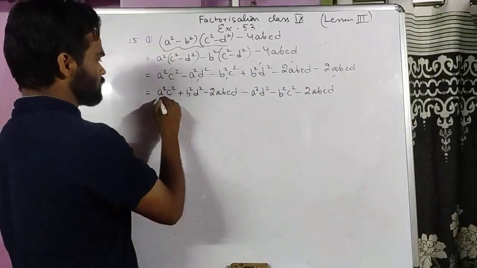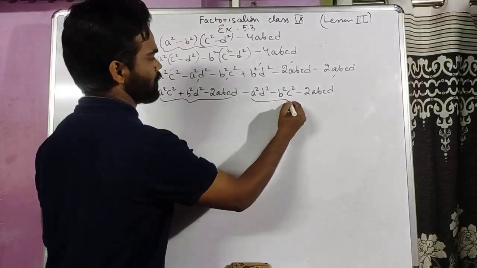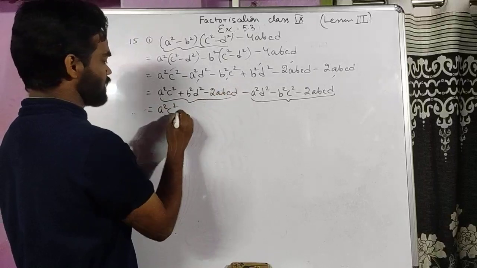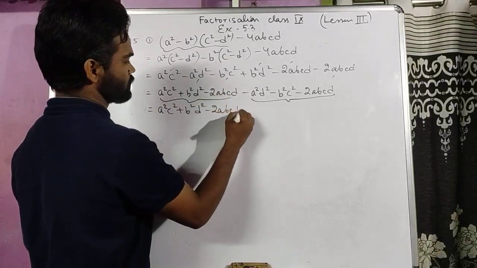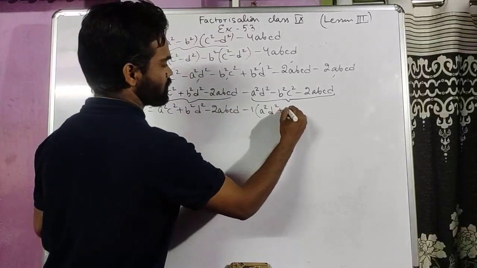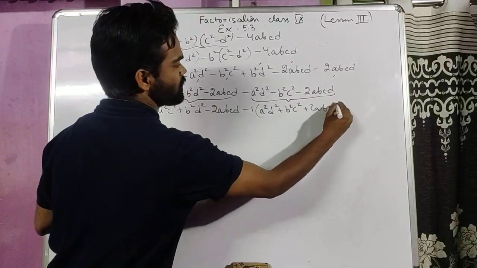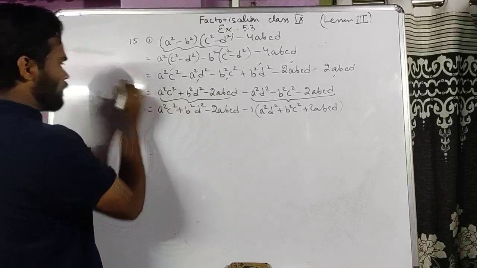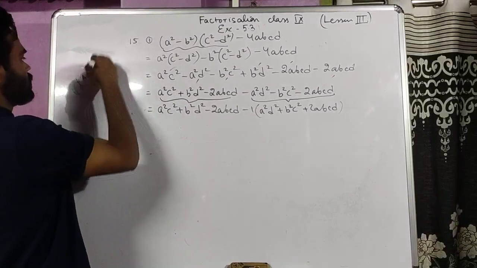How it helps us? If you look carefully at this and this. First of all, I'll take minus 1 common over there. So this becomes a square d square plus b square c square plus 2abcd. Now look carefully. This is in the form of a minus b whole square.